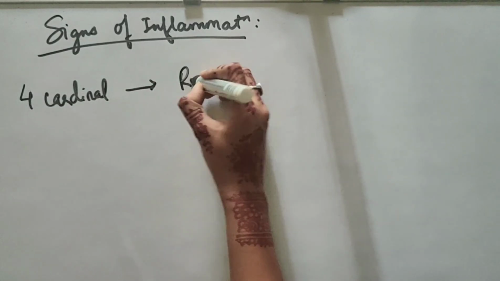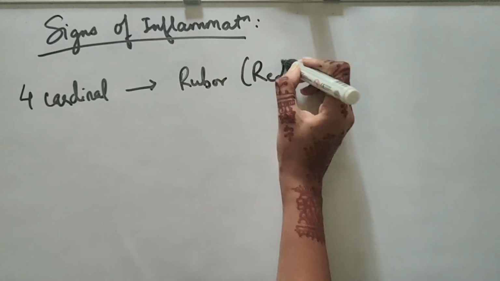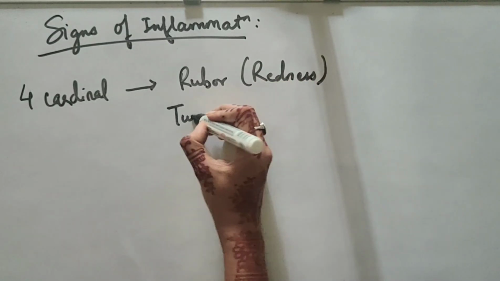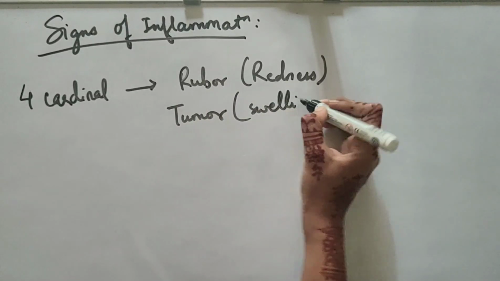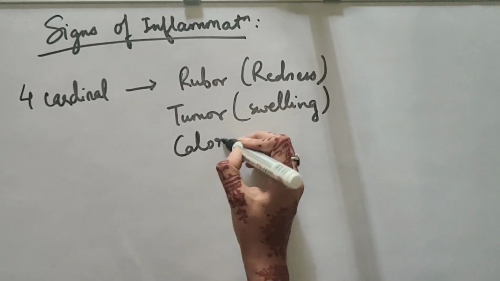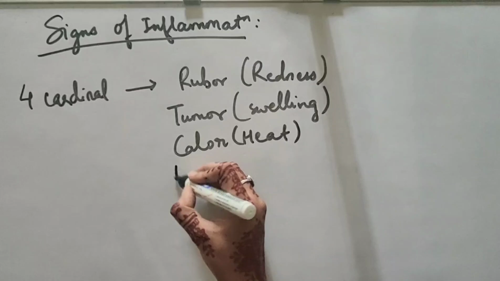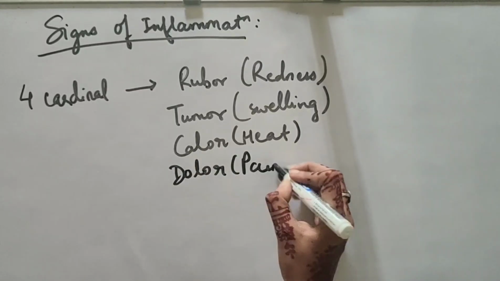That was rubor, which means redness. We had tumor, which meant swelling. Then we have calor, meaning heat, and dolor, meaning pain.